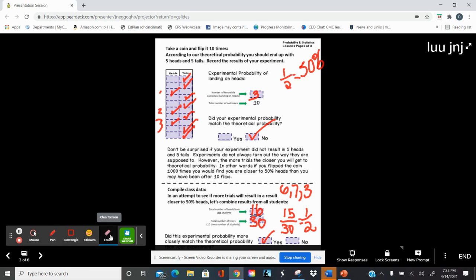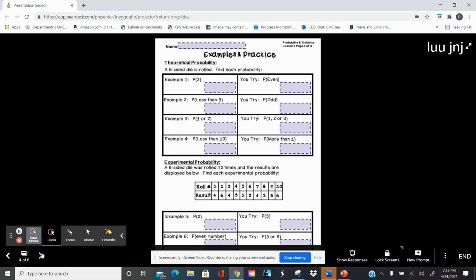So let's go ahead and go to the next slide, where we're going to try some examples. So what we're going to do now is talk about the die. We know that the die has 6 sides, right? So if the die has 6 sides, then there are 6 possible outcomes if we roll the die.